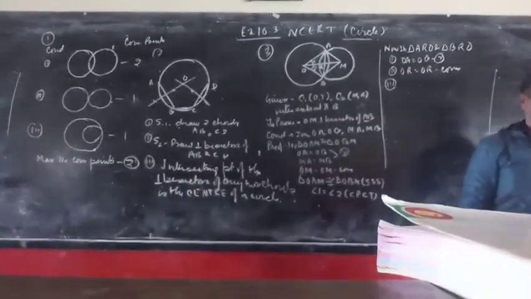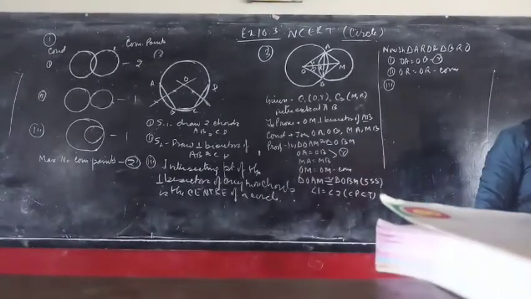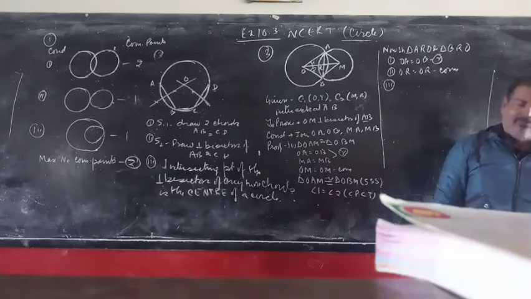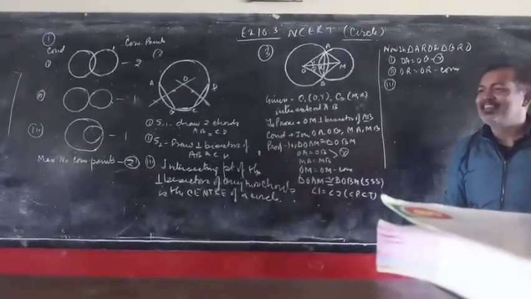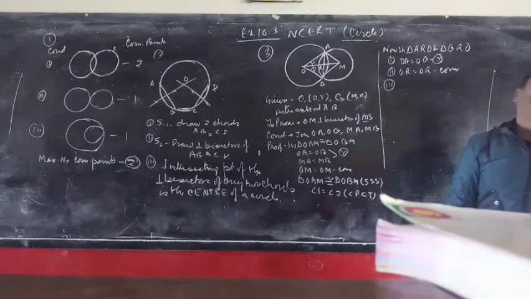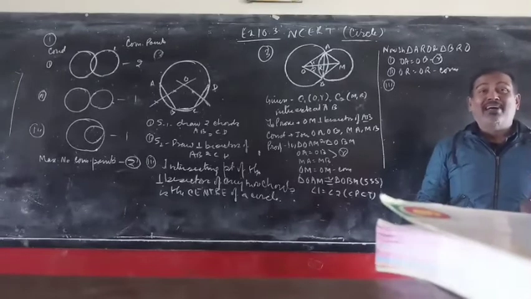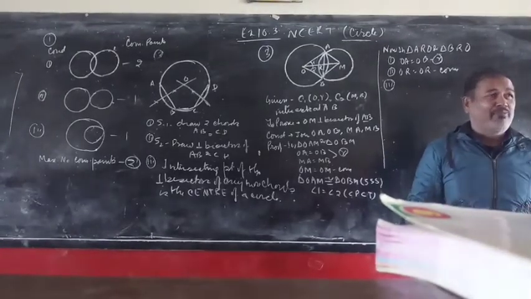I am telling that it is written, mentioned on the board. Sir, OR is equal to OR. It is written on the board. I have proved it 1 minute before.